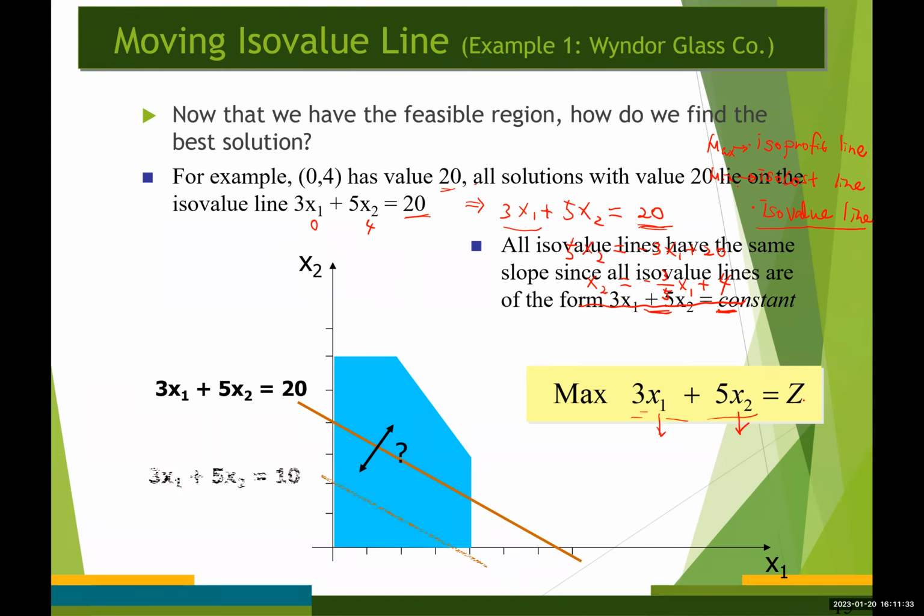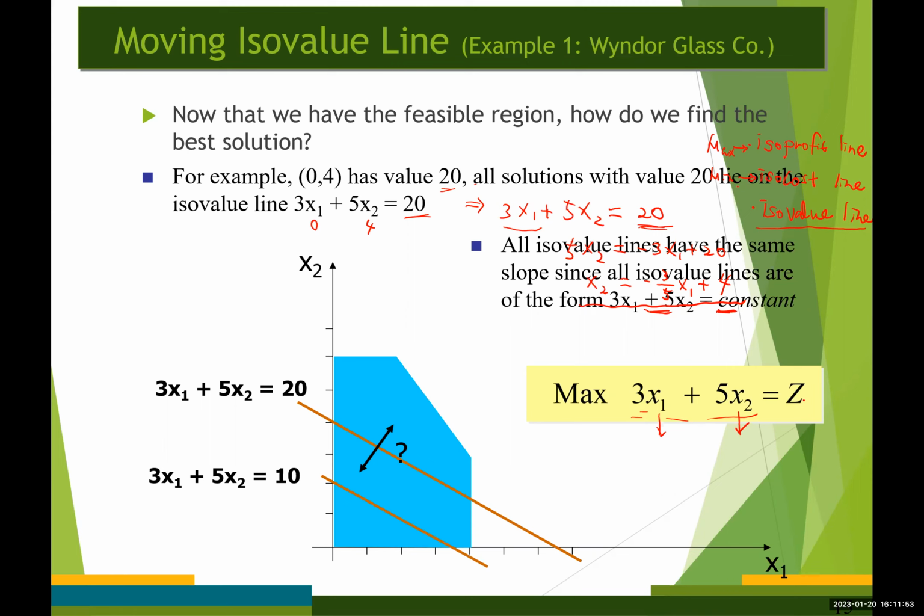So we construct an additional iso value line by moving parallel to 3x1 plus 5x2 equals 10, in the southwest direction in this case.